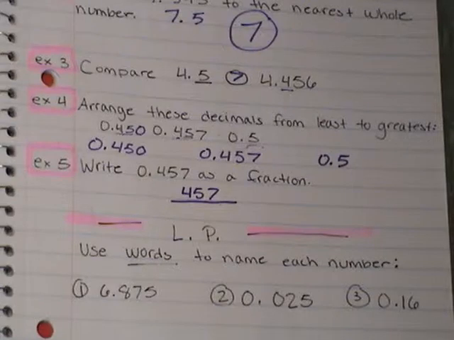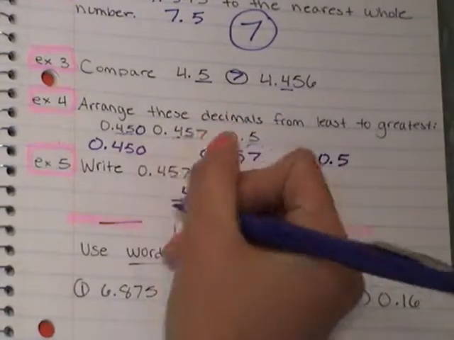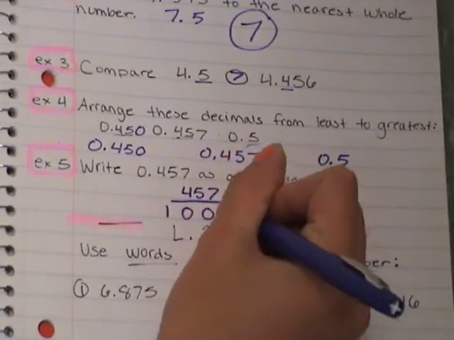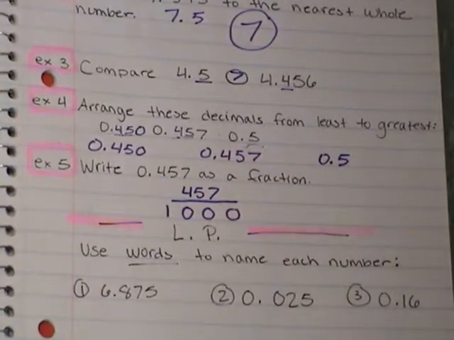Normally we have tenths, and so we put it over 10. If we have hundredths, we put it over 100. And now that our decimal is in thousandths, we're going to put it over 1,000. So when you read it out loud, it will already tell you what the number needs to be under your fraction.